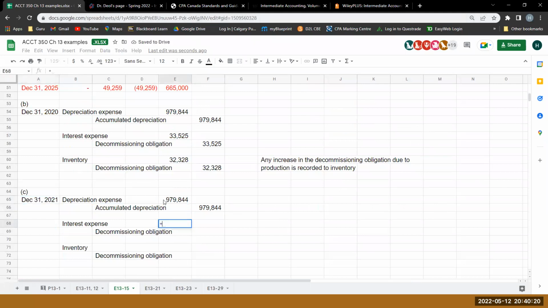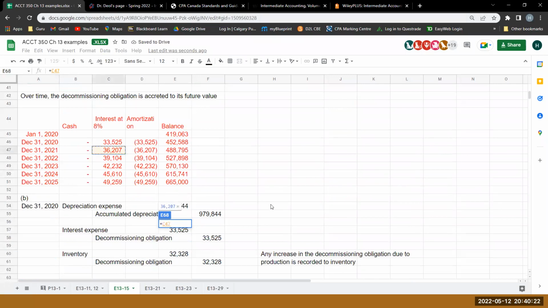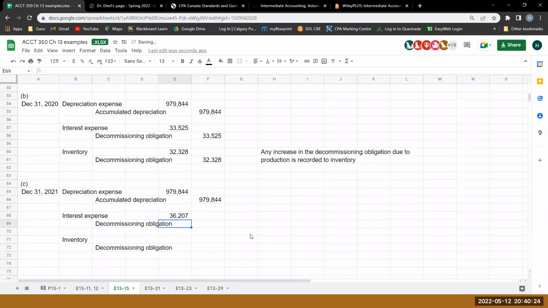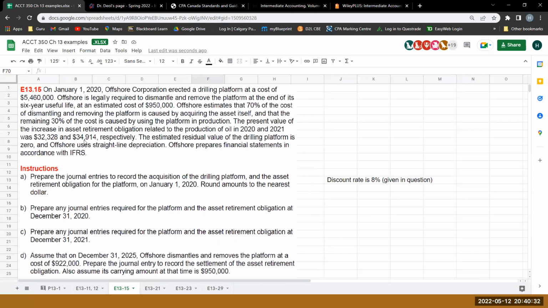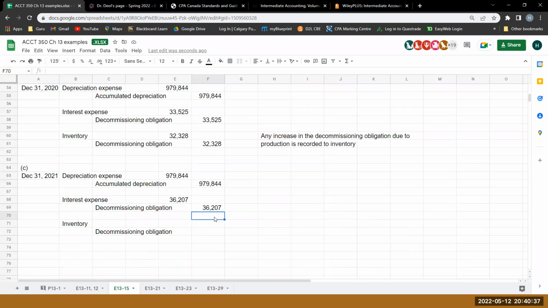So my interest expense is going to be $36,207. My decommissioning obligation will go up for that. And the increase due to production, the question told us, is 34,914. So 34,914 is what I'm going to record as an increase due to production.